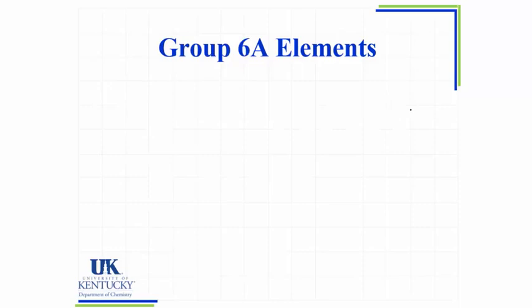Moving on over to the 6A elements, all of these will have 6 valence electrons, so 2 in the S and 4 in the P's. On the anion end of things, if they are nonmetals, they tend to form -2 ions.